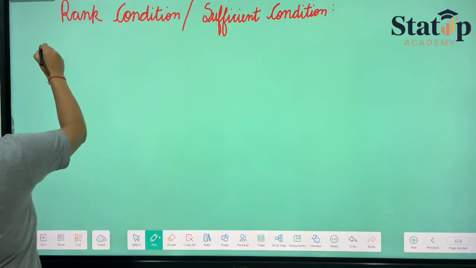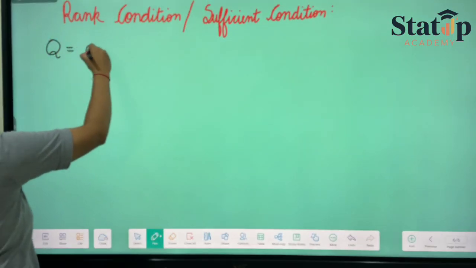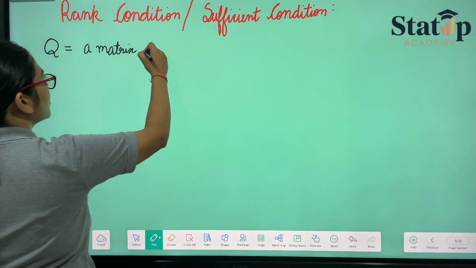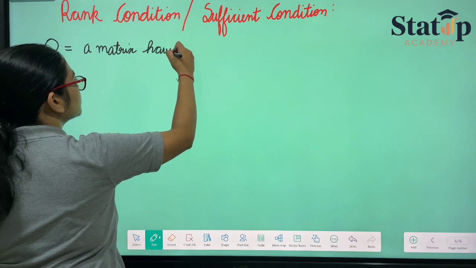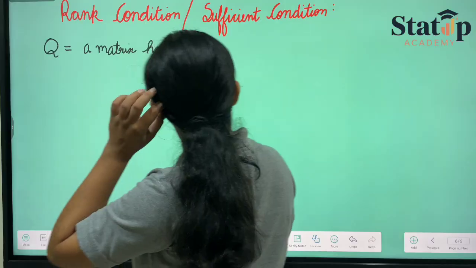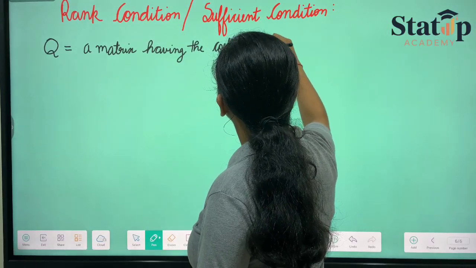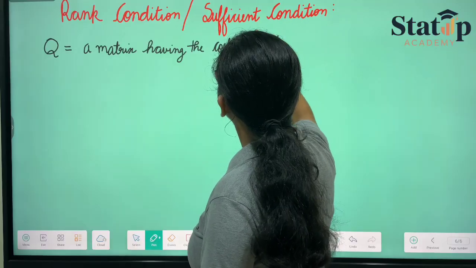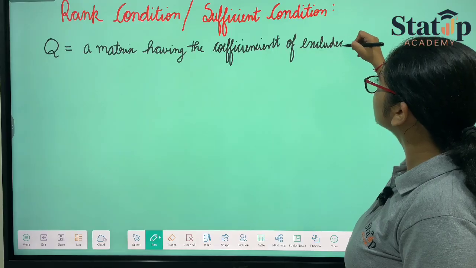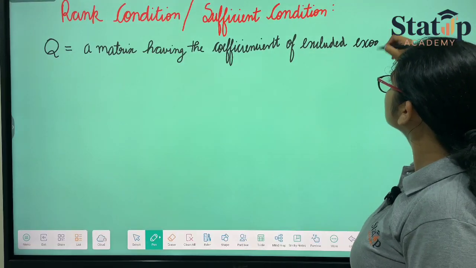So what does it say? Let Q be a matrix having the coefficients of excluded exogenous variables.